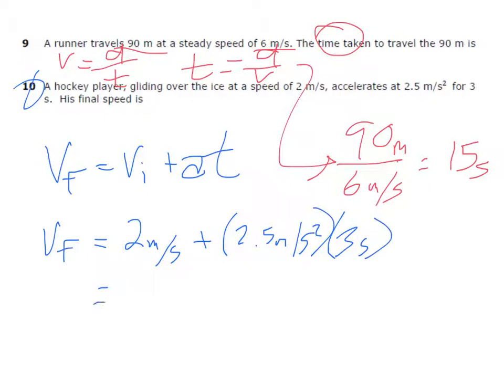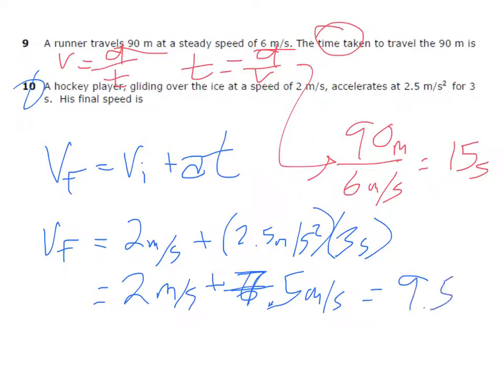So that's equal to 2 meters per second plus 2.5 times 3. That is 6.5, right? Or 7.5, sorry. 7.5 meters per second. And so together that's 9.5 meters per second.